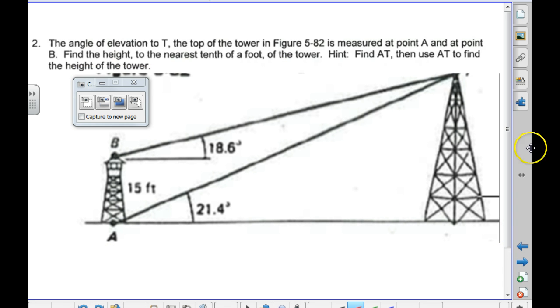The idea, Brandon, is that this is making a right angle with the ground, right? And this tower is also making a right angle with the ground over here, okay? So if we do 90 minus 21.4, we'll get this little angle in here.